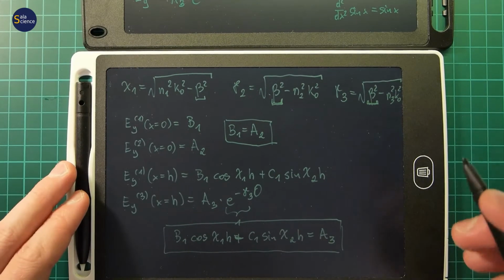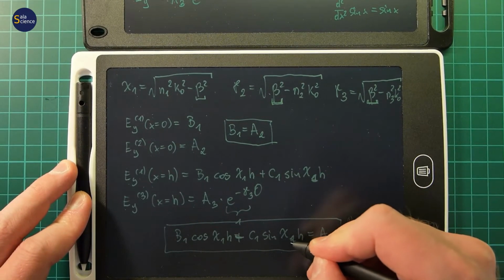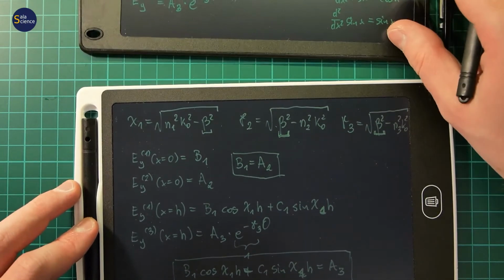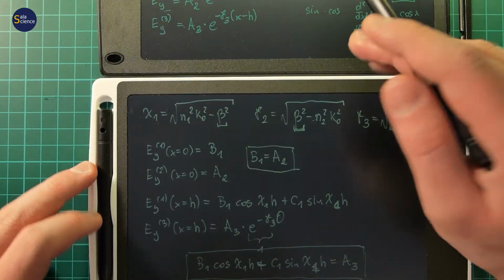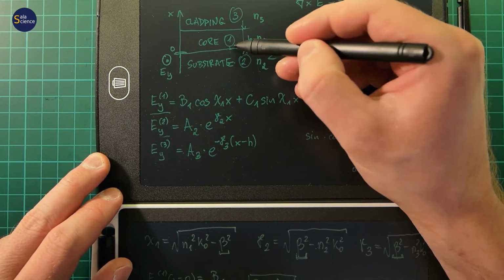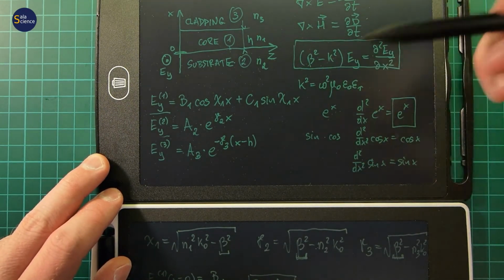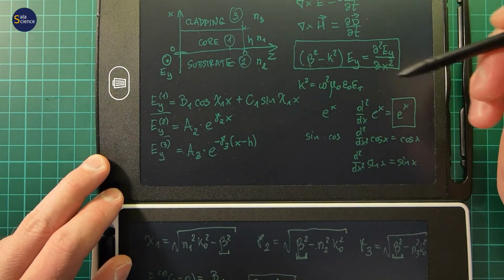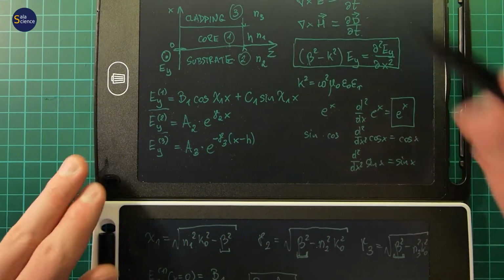Sorry, there should be chi1 here and chi1. There is no chi2 in these equations. So we assume that the electric field at these two boundaries must be continuous. We can also assume that the first derivative of the electric field is also continuous across the boundary.